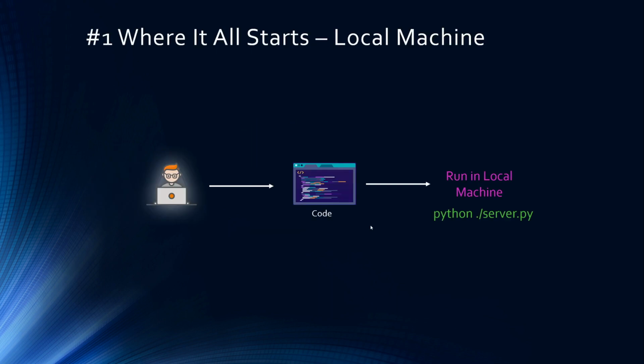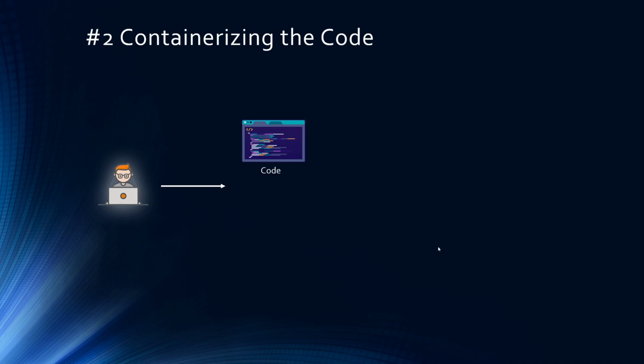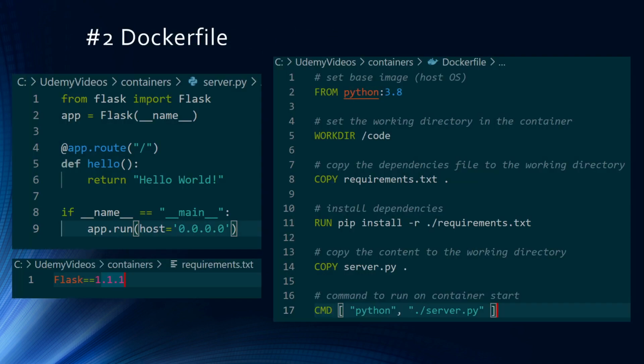We are running the code by executing python ./server.py. So exactly the same way, if I go back to the Dockerfile, it is saying CMD run python space ./server.py. So it will start the program.